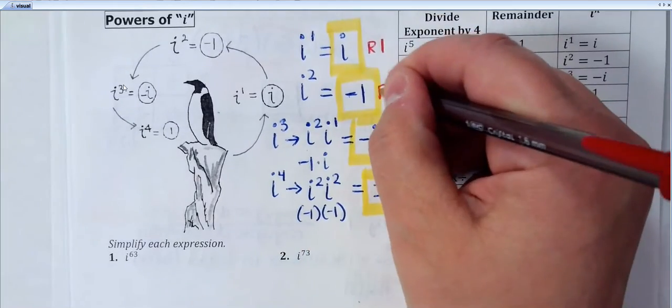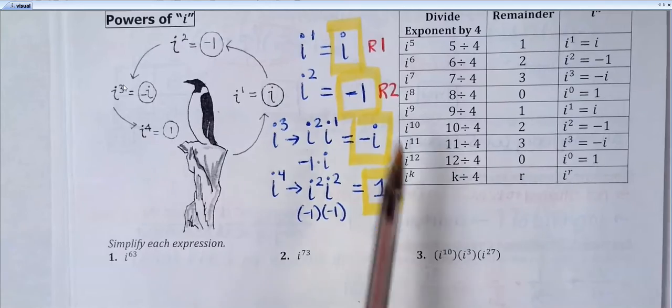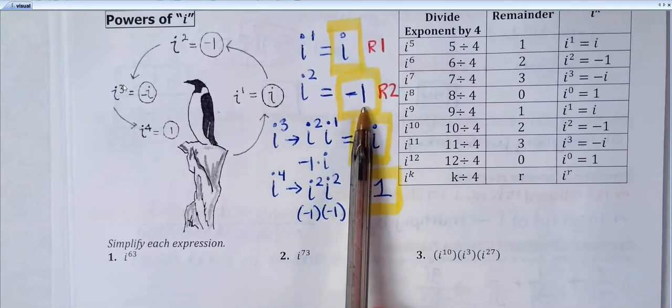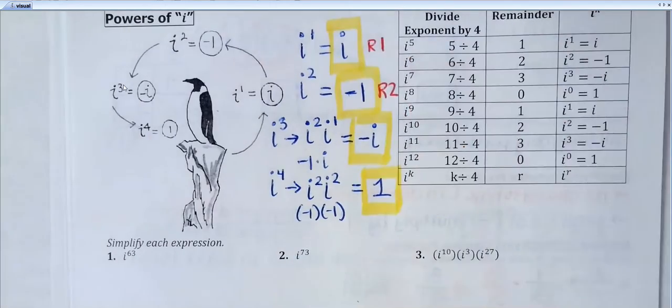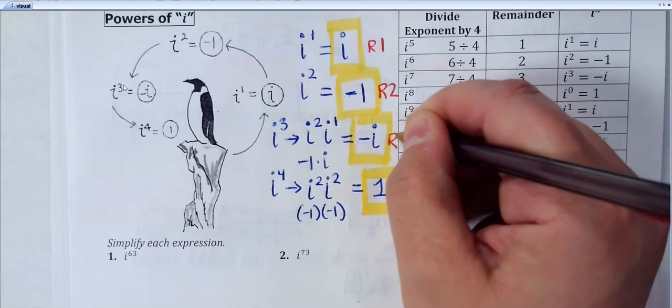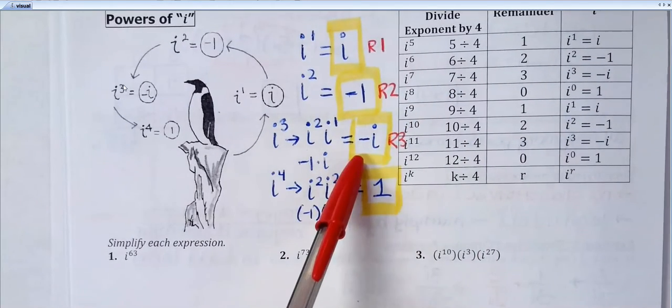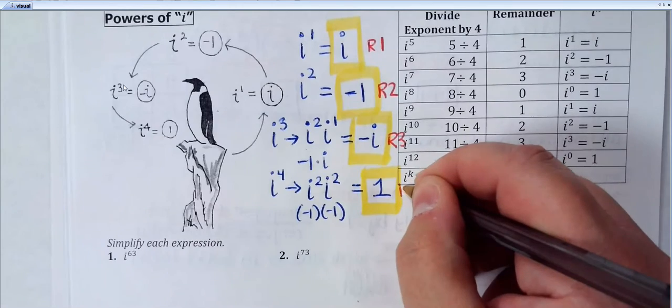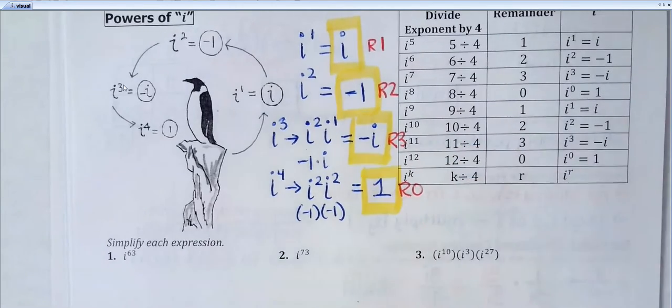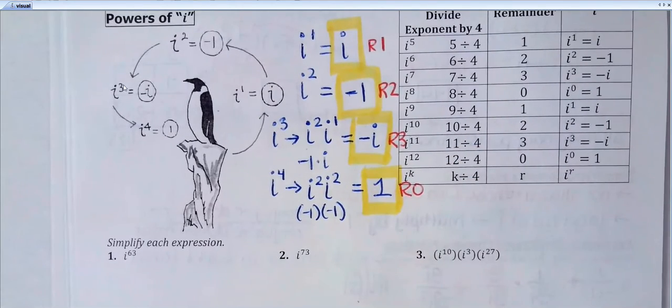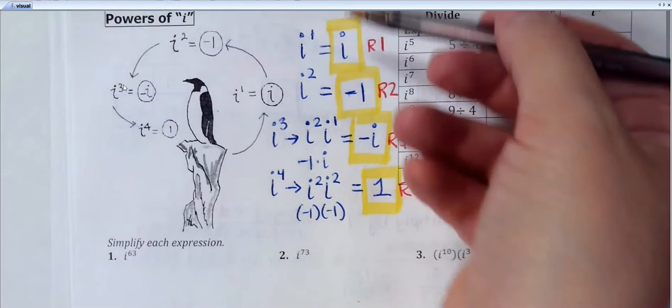If the remainder is 2, when you divide the exponent by 4, that will be negative 1, or equivalent to i squared. If you have a remainder of 3, that will be equivalent to i cubed, which is negative i. And if you have a remainder of 0, so if the number that you got as your exponent is divisible by 4, then that will be equal to 1. So these are the options.